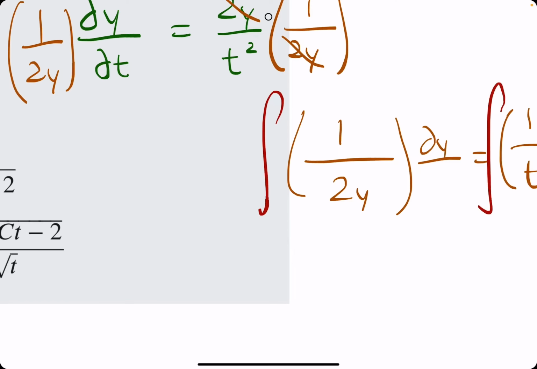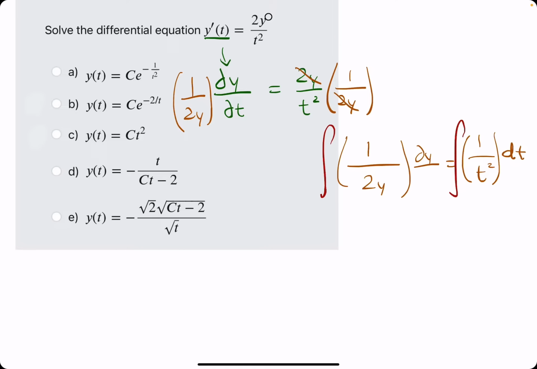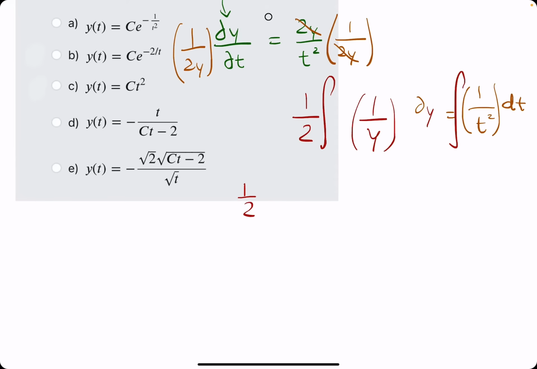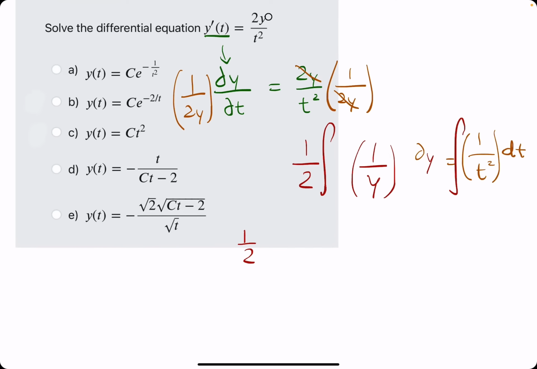Now, over here, where we have a 2y on the bottom, what I might recommend is, because we just have a constant 2 on the bottom, it's basically as if we have 1/2 out in front and then just 1 over y dy inside the integral. So when we take the antiderivative, we'll still have 1/2, and then we ask ourselves, antiderivative of 1 over y is what?